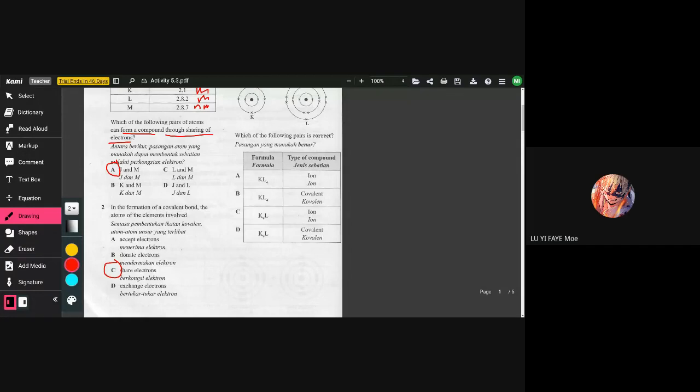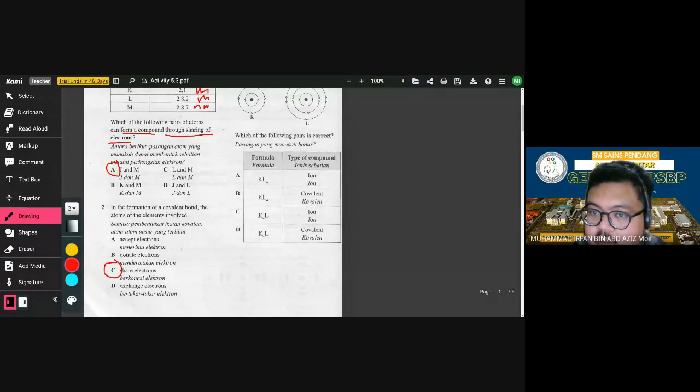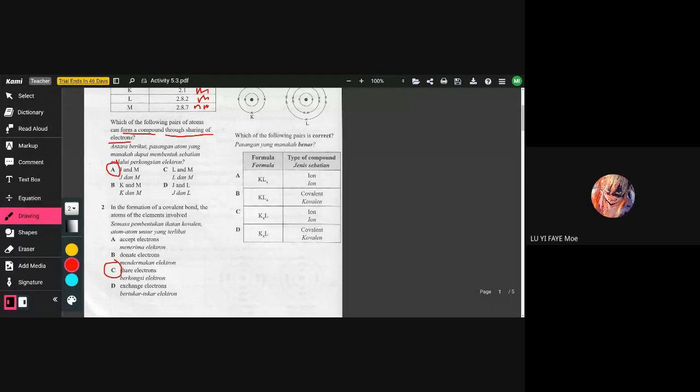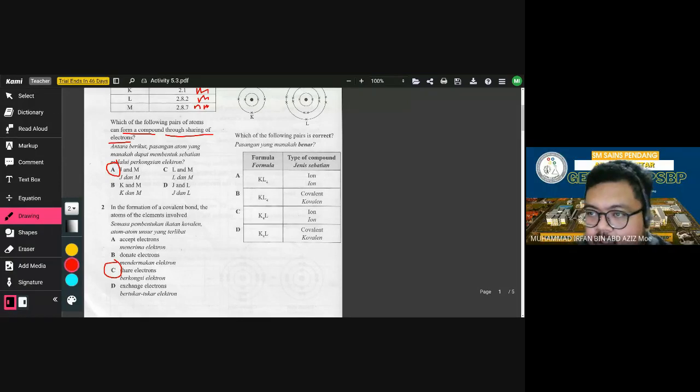But teacher, isn't exchange meaning that is donate and accept? Yes lah. Well, you have cation and anion. They exchange electrons. Okay, cation donates electrons to anion, and anion accept electron from cation. So itulah.